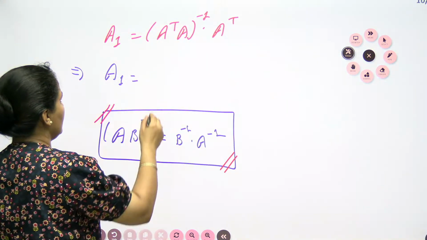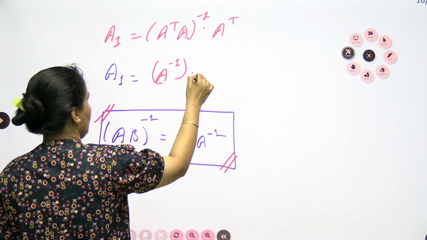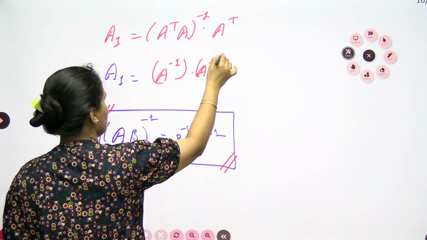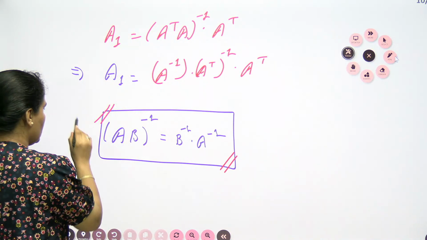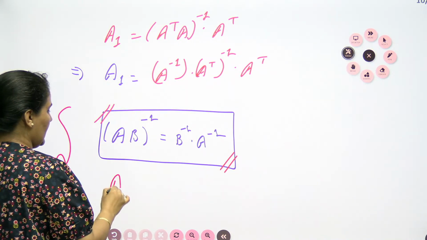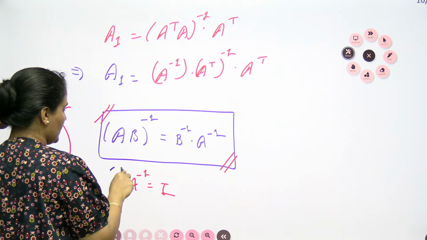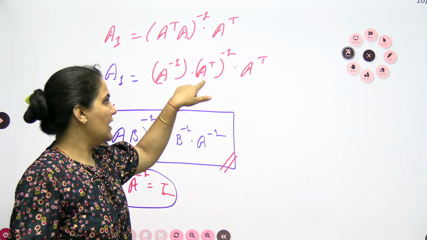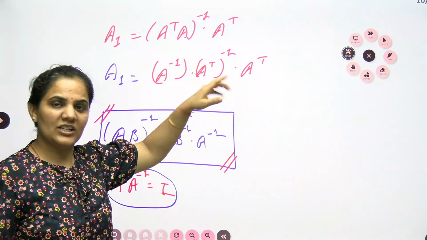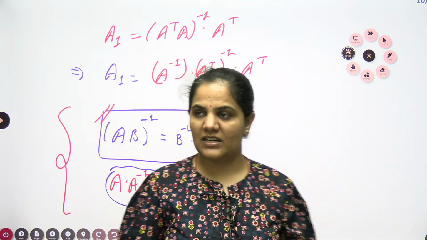So here, when I open this one, it will be A inverse and A transpose inverse, and here I already have A transpose. One more thing we know already, that A into A inverse is always equal to I. Look here, I have A transpose inverse and A transpose, so both will become I, because both things are the same.